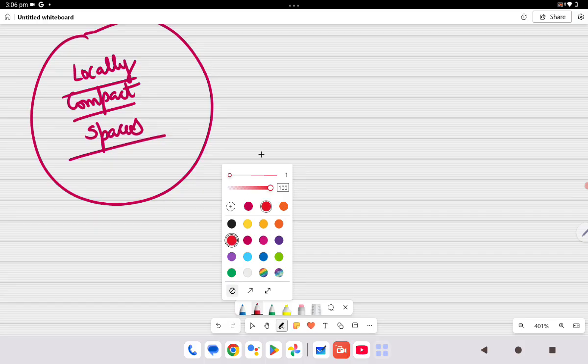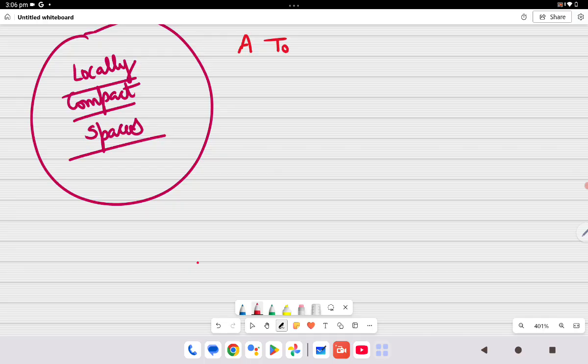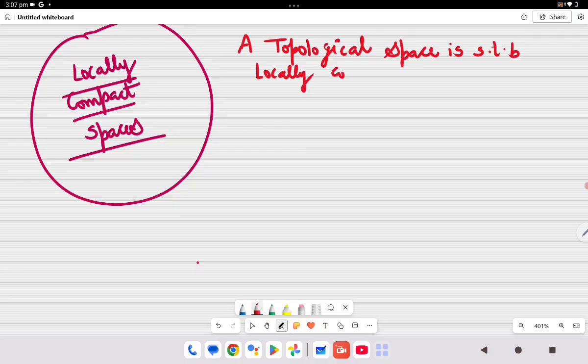So if you have a topological space, it is said to be locally compact if for every x in the space there exists a compact neighborhood.